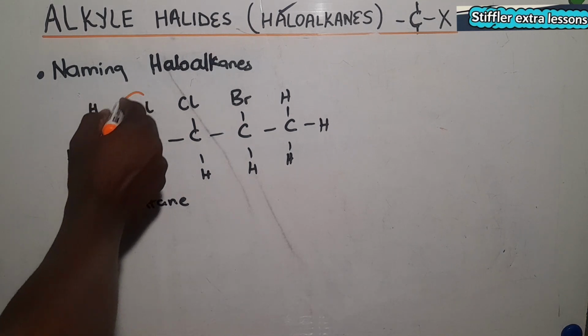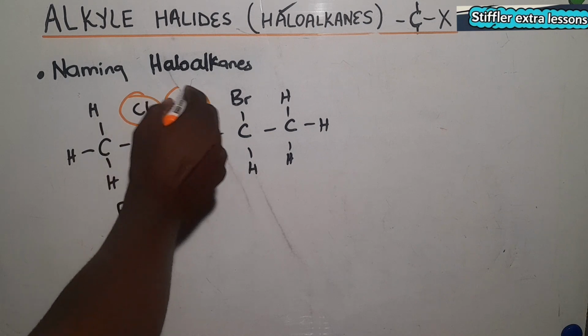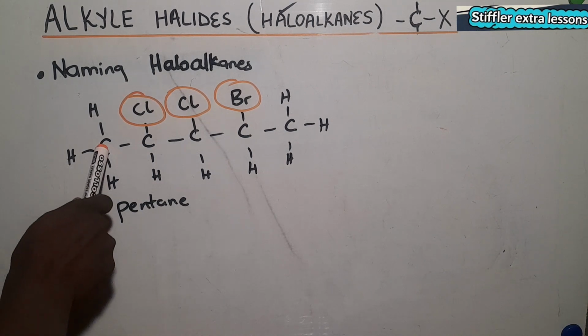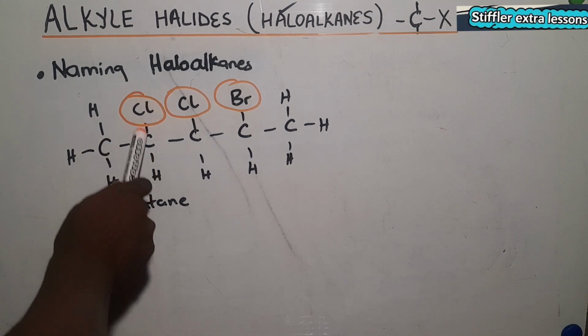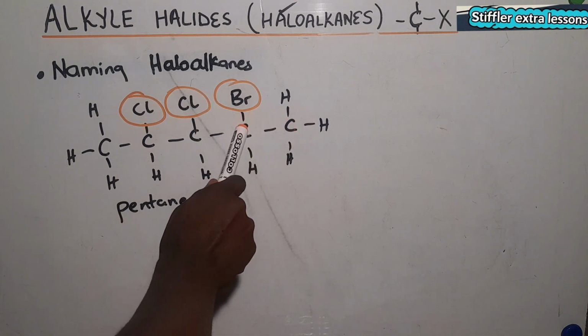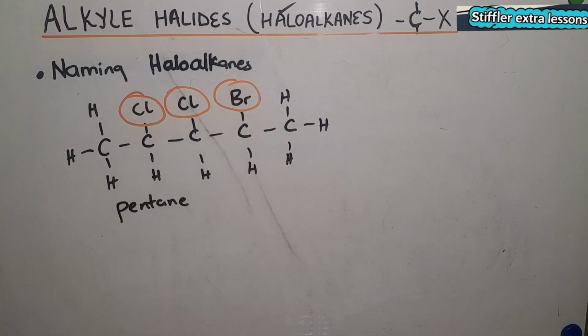So we have this halogen, that halogen, and also that halogen, right? Now we are going to number our carbon atoms from the side closest to that halogen. If we count from this side, it's 1, 2. This is coming on carbon number 2. And if we count from that side, it's also 1, 2, and it's coming on carbon number 2.